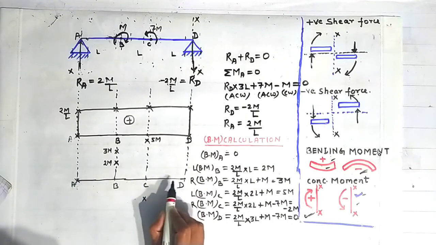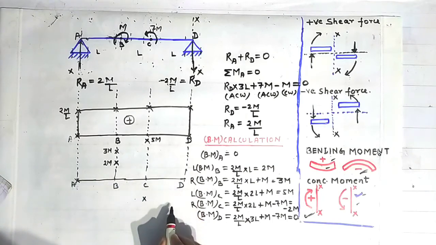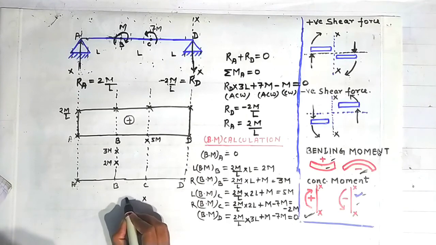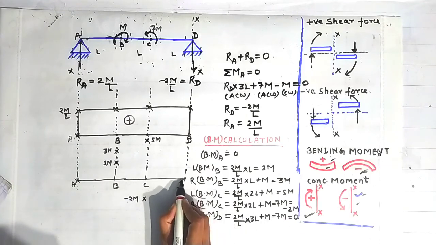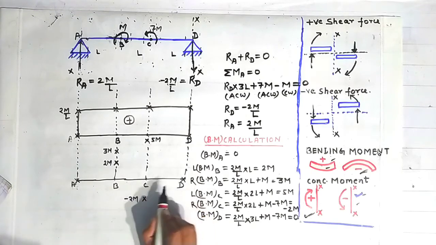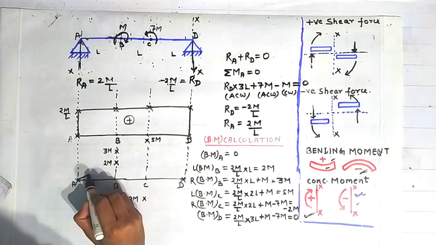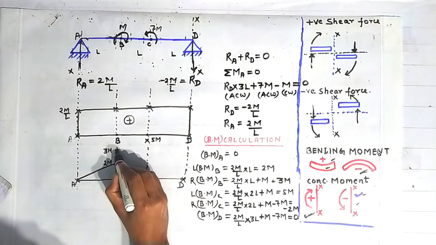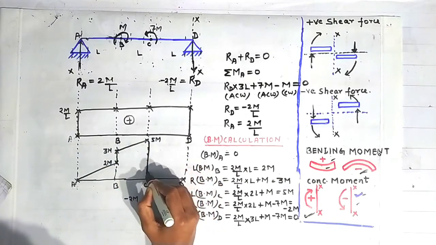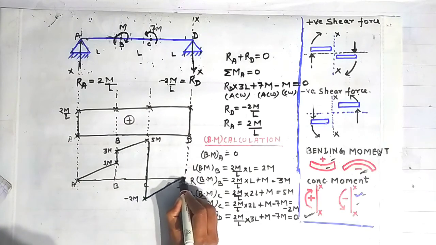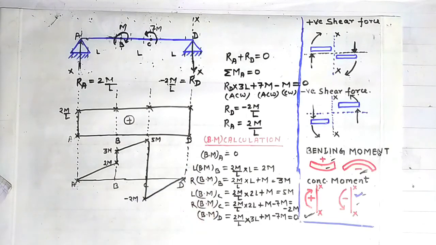But all the bending moments lying below this line are treated as negative, so I will go here as minus 2m below the point C, and it is going to 0 at the point D. So making a cross here at this line. So joining first point with the second, second with the third, third with the fourth, fourth with the fifth, and fifth with the sixth, we will get our bending moment diagram.